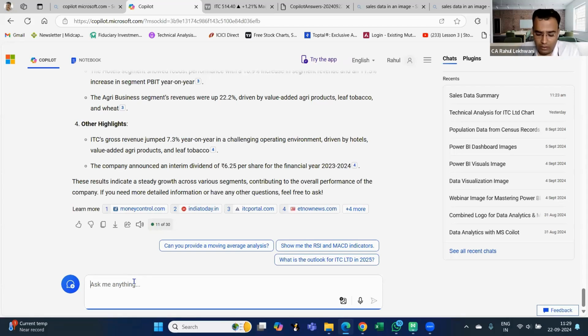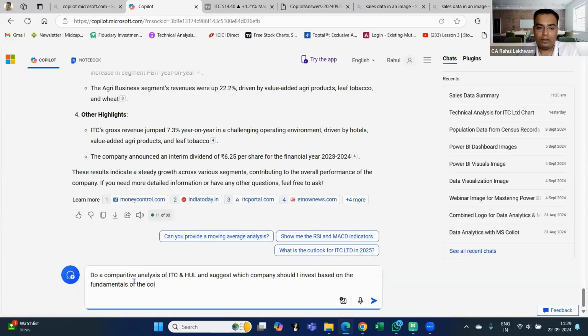So I'll just write: do a comparative analysis of ITC and HUL and suggest which company I should invest in based on the fundamentals of both the companies.